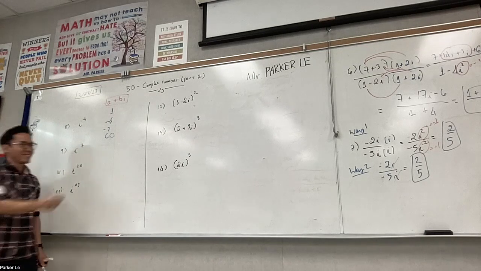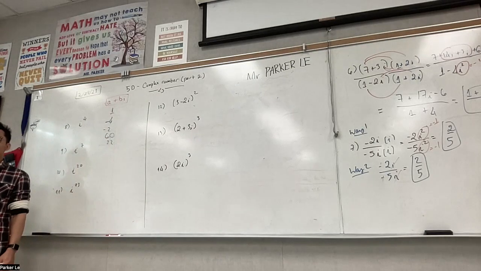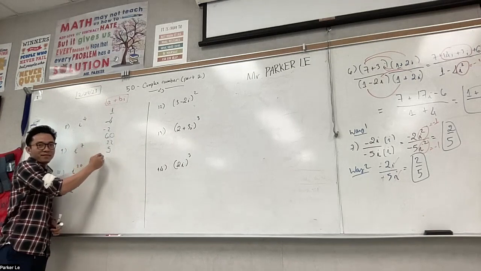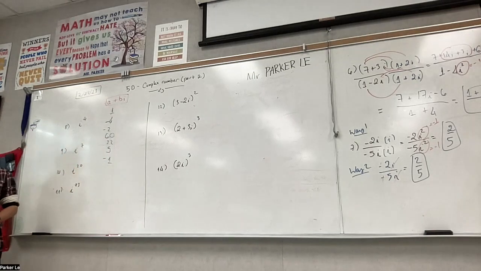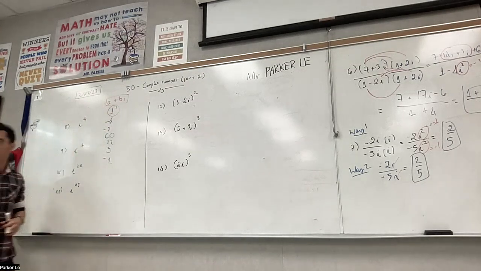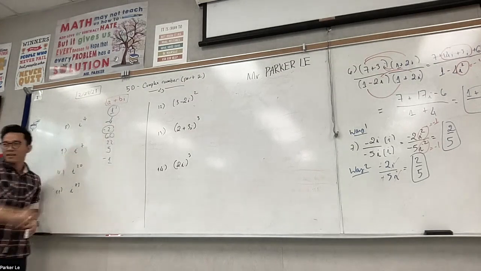Stop giving random numbers. What do you think i to the 4th is? Positive 5, negative 1. A lot of right answers here. Another vote for 1. Negative 2. Okay.